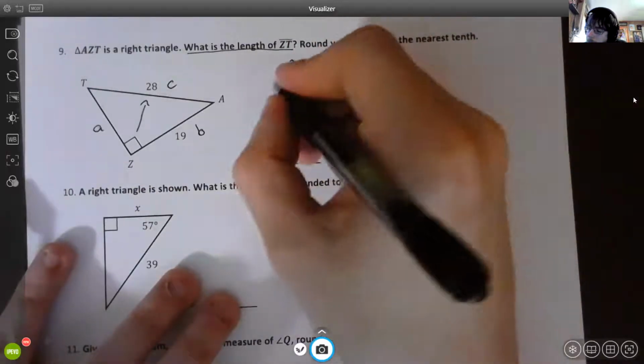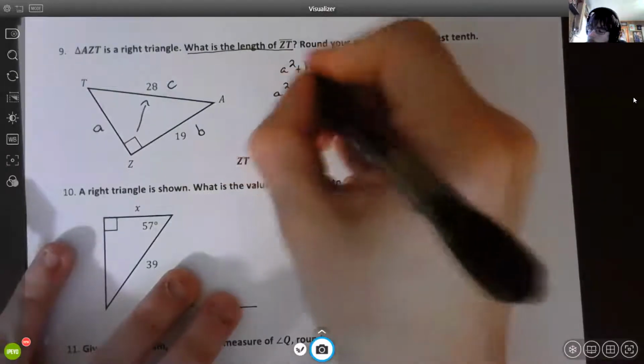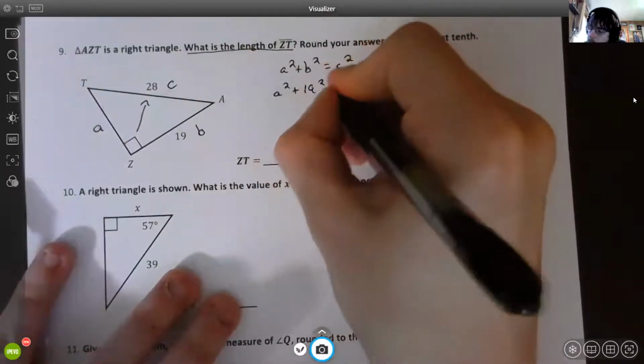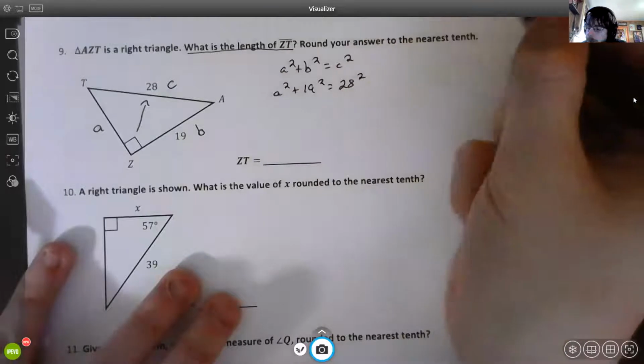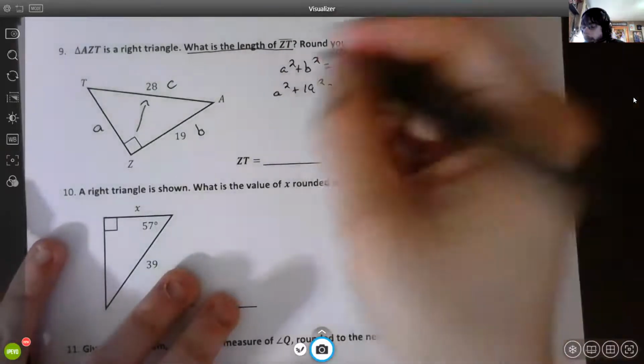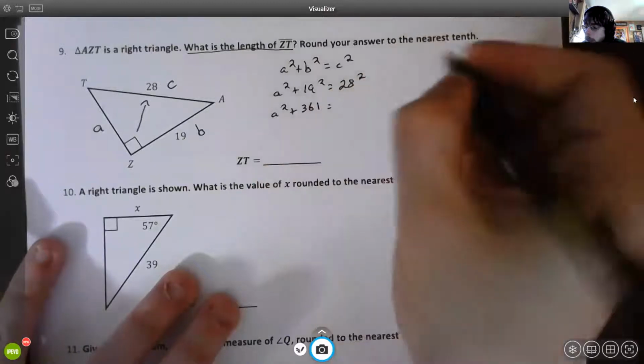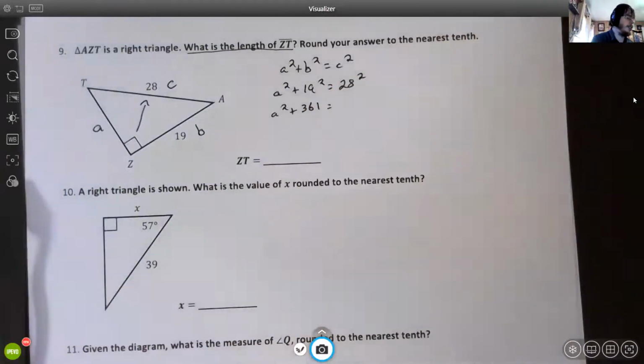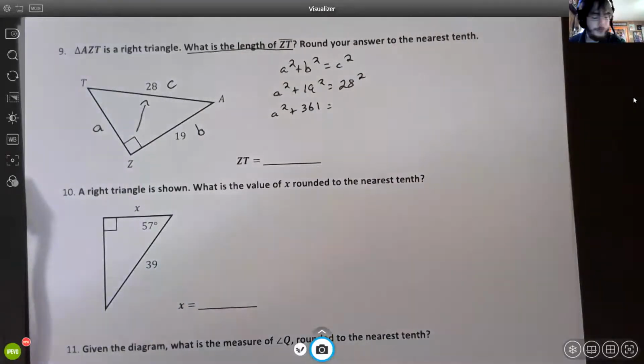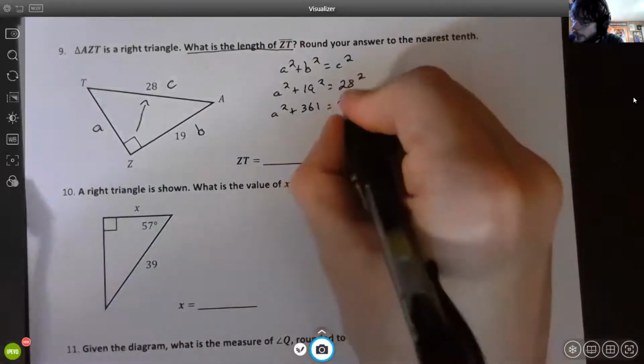Plugging our values in, we get A squared plus 19 squared is equal to 28 squared. Simplifying what we have, we get A squared plus 361. And I'll make sure what 28 squared is. And 28 squared is 784.